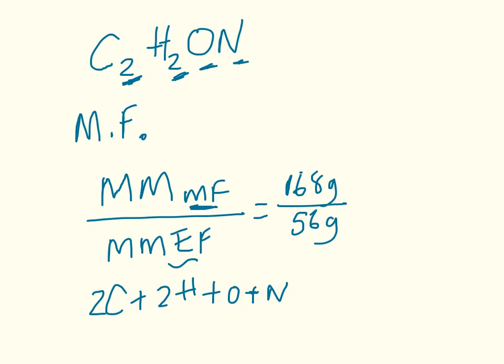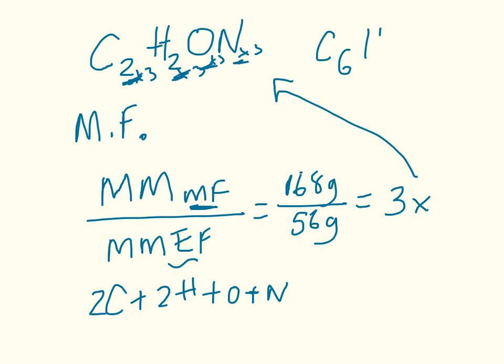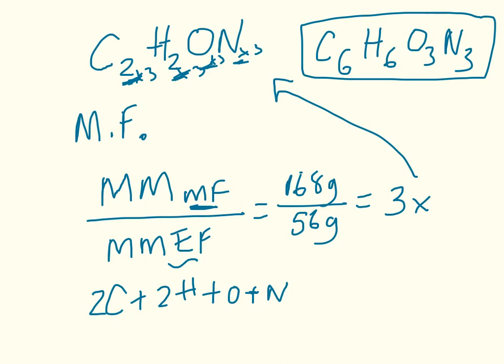So 168 divided by 56 means that the formula on top is 3 times as large. So you go up to here, and you'll multiply that by 3, that by 3, that by 3, and that by 3, which gives you C6, H6, O3, N3. So that is the molecular formula, and the one with the 2, and the 1 is the empirical formula.